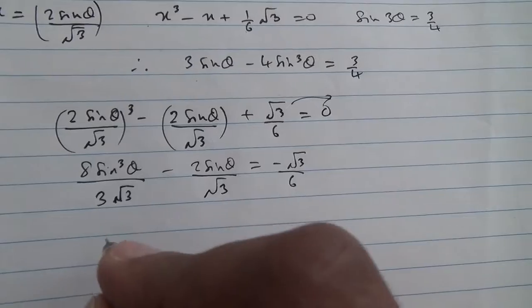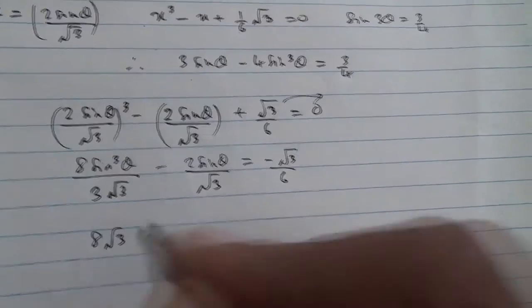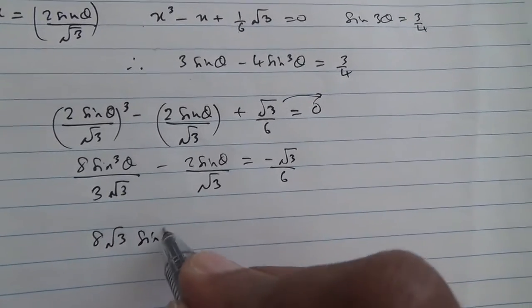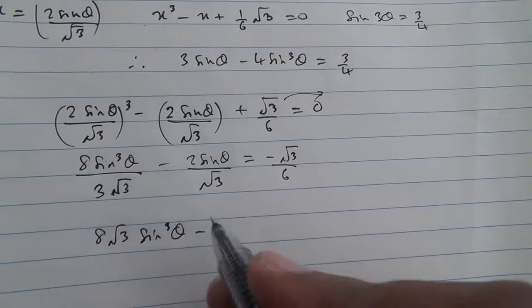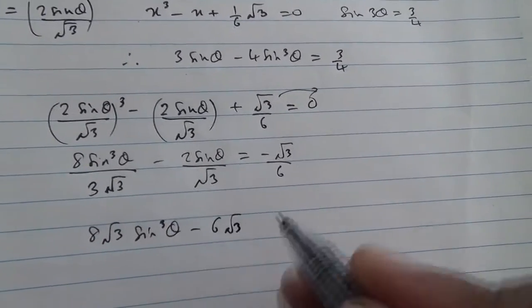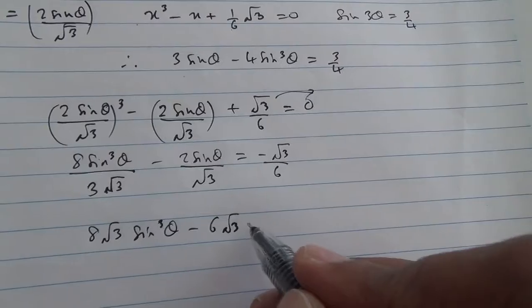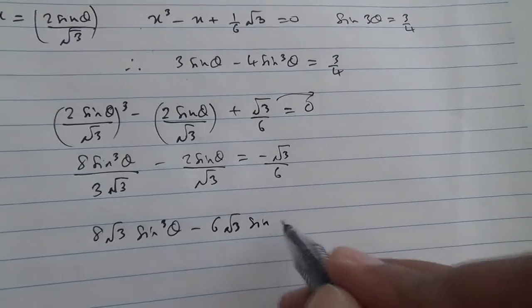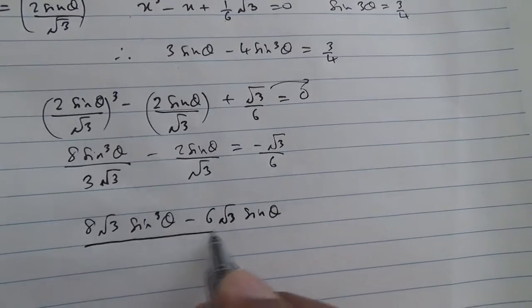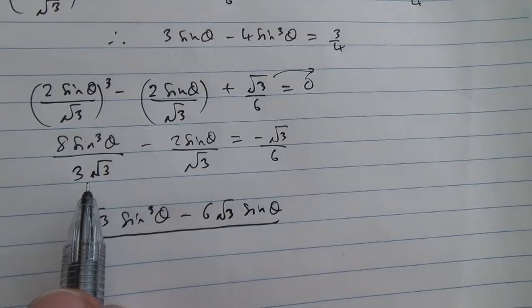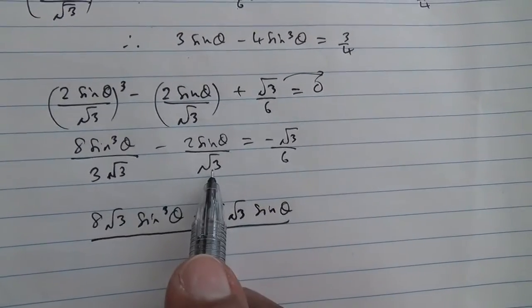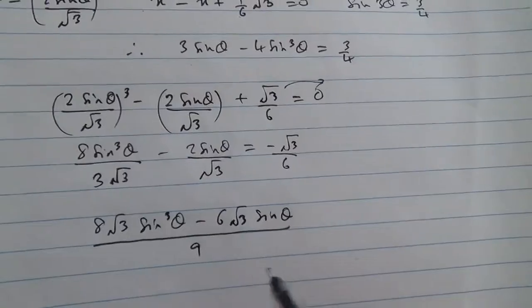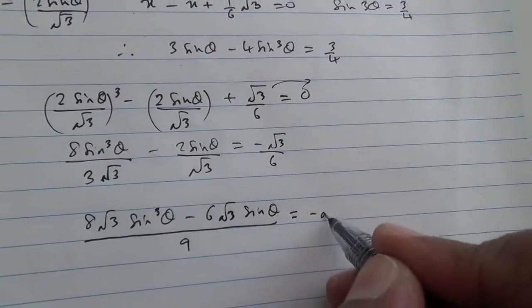We can say root of 3 times 8, it's going to be 8 root of 3 sine cube theta, minus 3 root 3 times 2 is 6 root of 3 times sine theta, all divided by the product of the denominators. Root 3 times root 3 is 3, times 3 is 9, so over 9 is equal to minus root of 3 over 6.